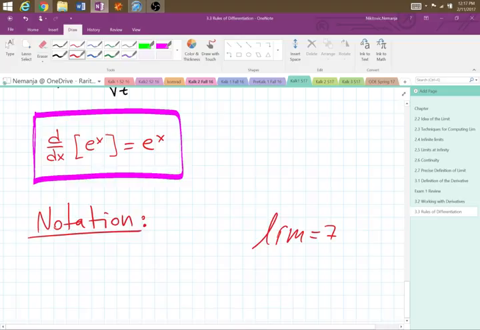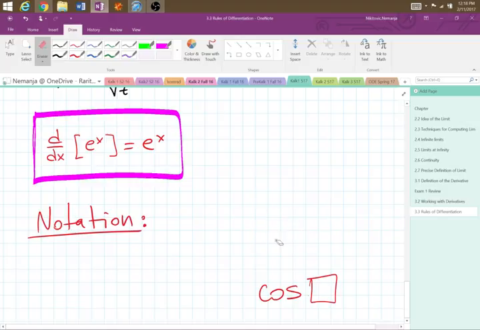LIM on its own is a meaningless term, just like SIN, or COS, right? You can't write it and just walk away. What do you mean, COS? It has to have an argument following. It has to have something in that box. So notation is extremely important in mathematics. You can't do that with ln. You can't do that with limit.